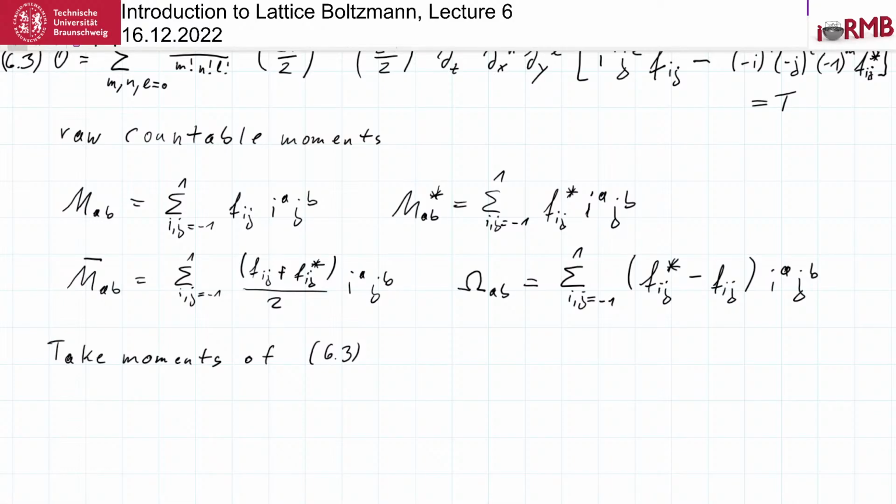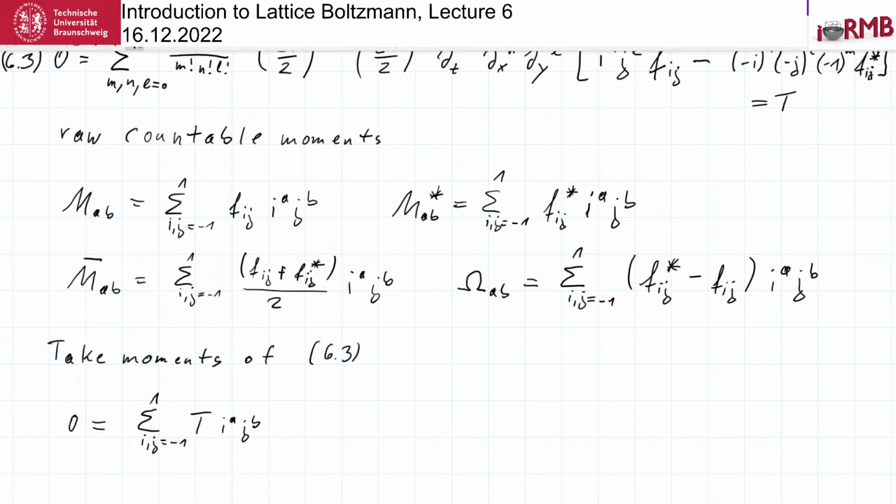Okay, so we take the moments of this. What does this mean? We have 0 equal to T. Now we can take moments. Of course, if we take moments of 0, this will be 0. But on the side of T, we sum over i and j from -1 to 1, T times i to the power of a and j to the power of b.